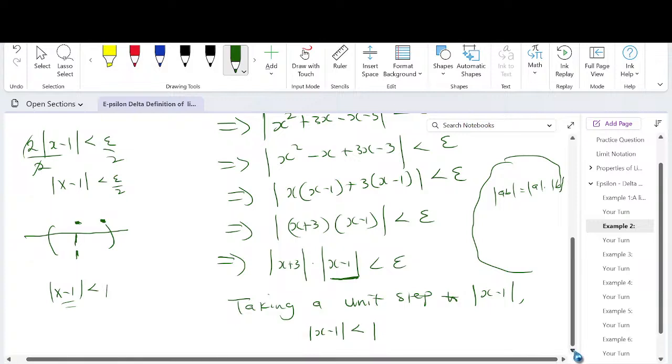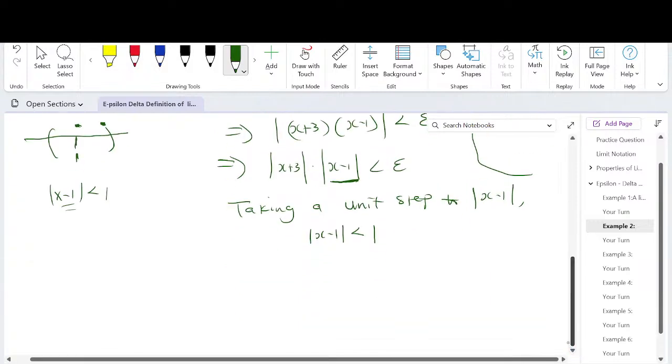You can use any number, you can use 0.5, but 1 is easier, so that's why I'm using 1. It could be any value. So from here now, what is the meaning of this? I need to explain something for those who don't really understand how to split the absolute value of a function.